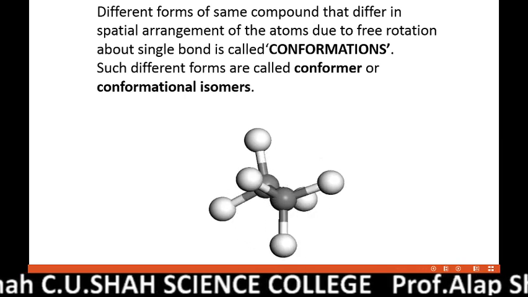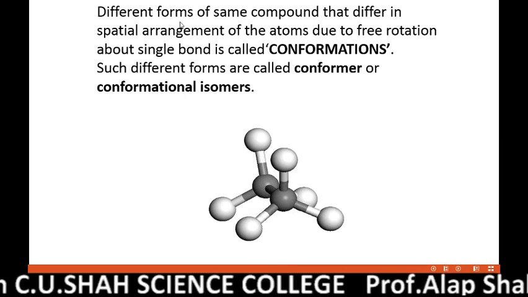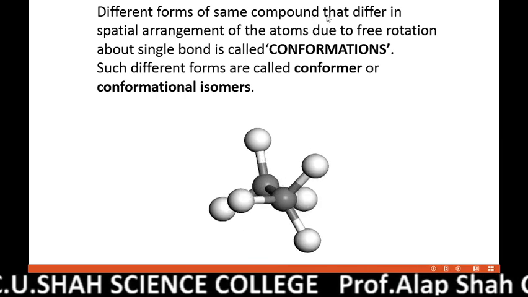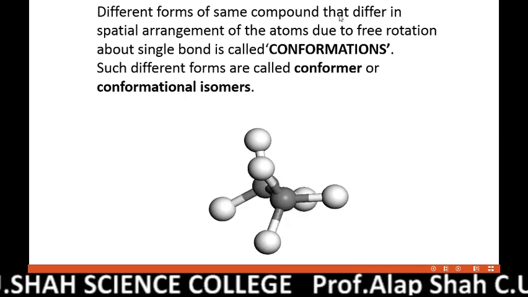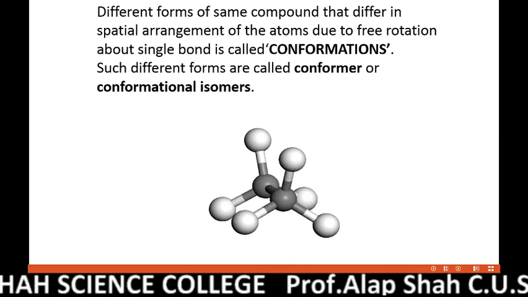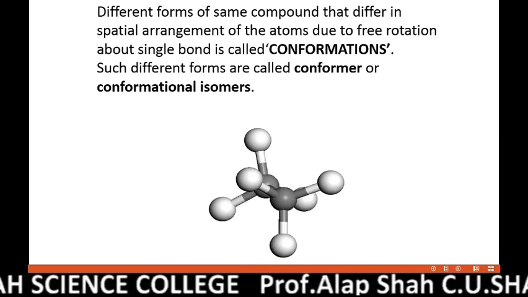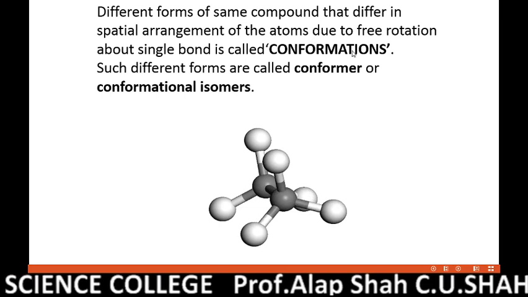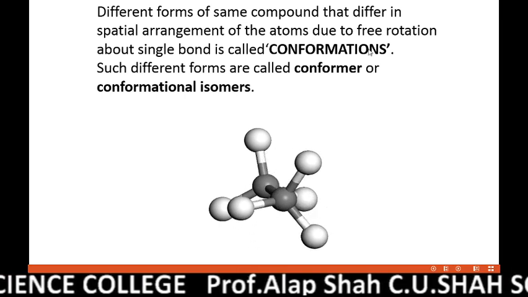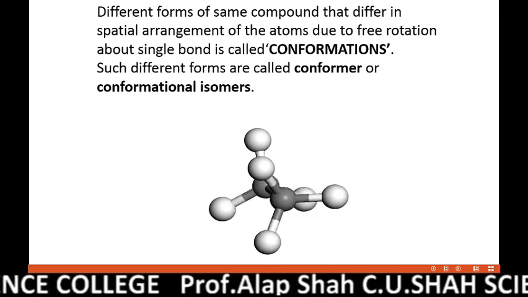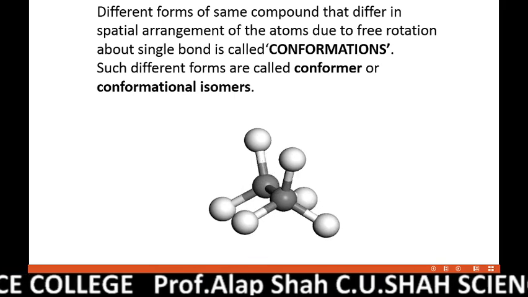So the definition is: different forms of the same compound that differ in spatial arrangement of atoms due to free rotation about a single bond are called conformations. Such different forms are called conformers or conformational isomers.